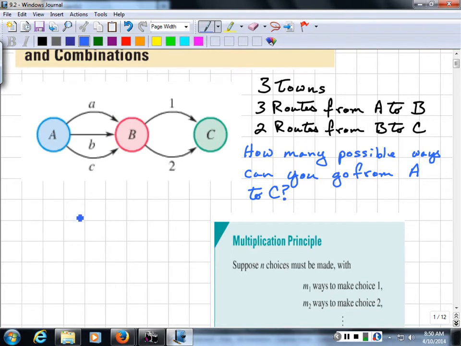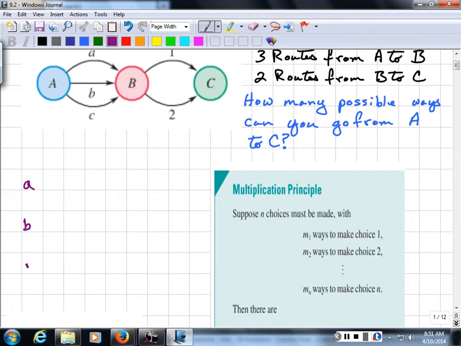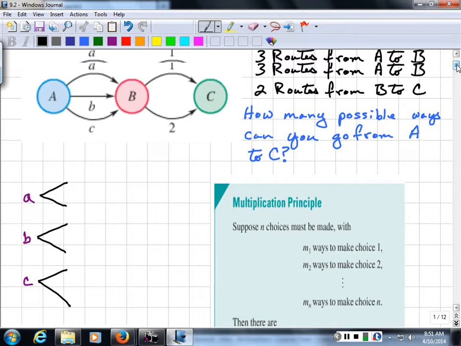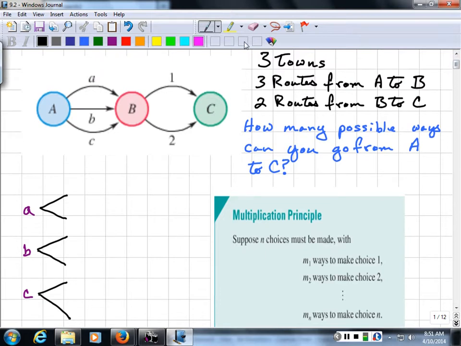Let's go ahead and list the fact that we have three different routes coming out of town A. And those are little a, little b, and little c. And once I get to town B, I have two different routes that I could possibly take to go to town C. And that's going to be either route 1 or 2.